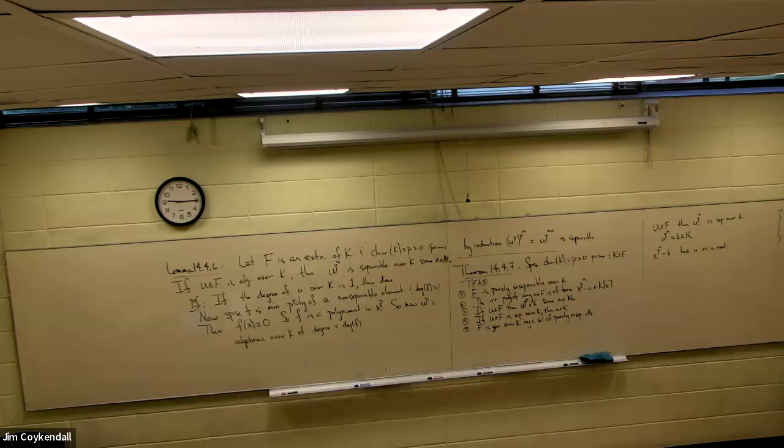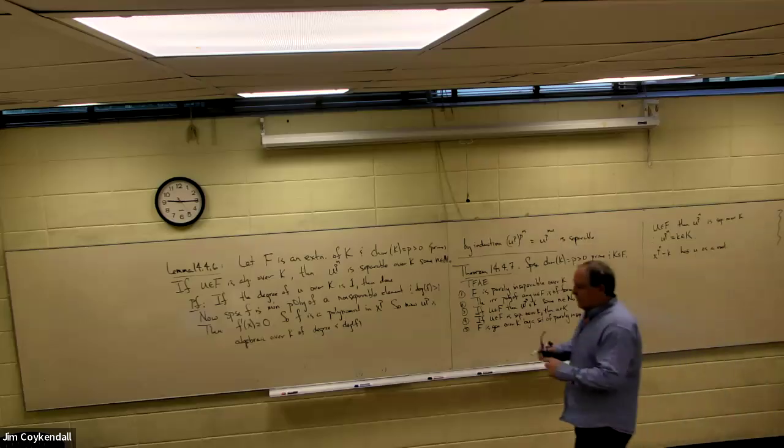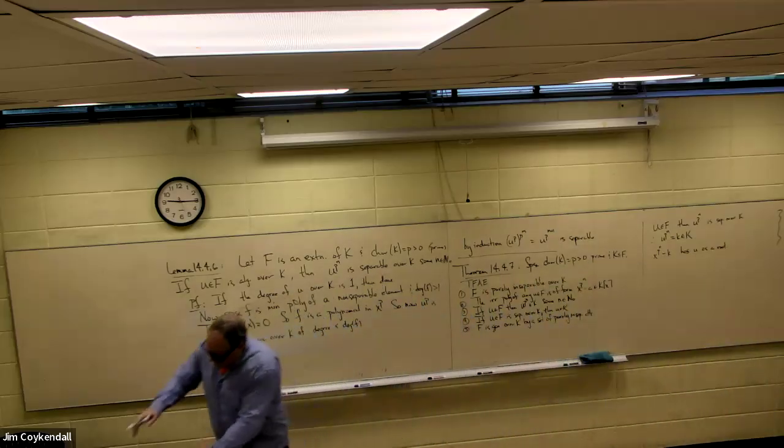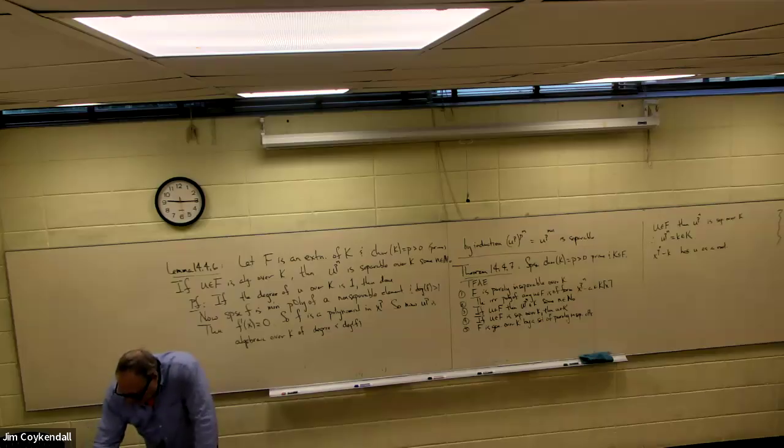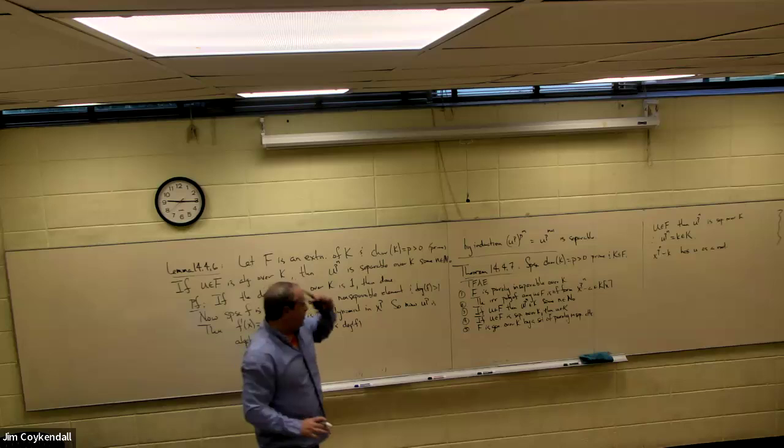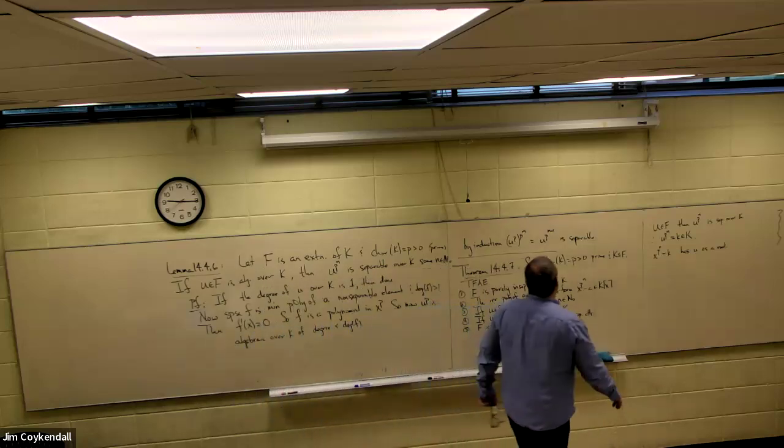From the start, are we assuming that u is just in F, not algebraic? Yeah, you know what? I meant for this to be there. If it's purely inseparable, it has to be algebraic, so let me clarify this here.